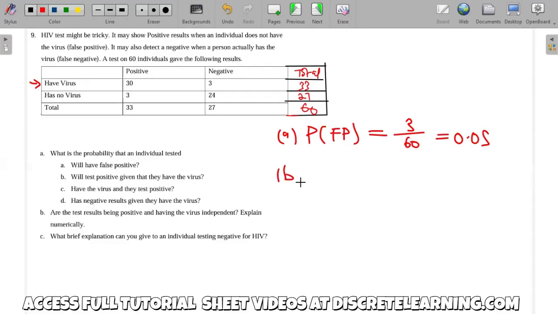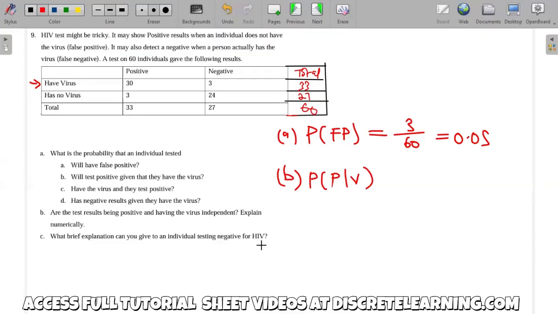B. What is the probability that an individual will test positive given that they have the virus? So the probability of testing positive given that they have the virus. I'm just saying probability of positive given that they have the virus.